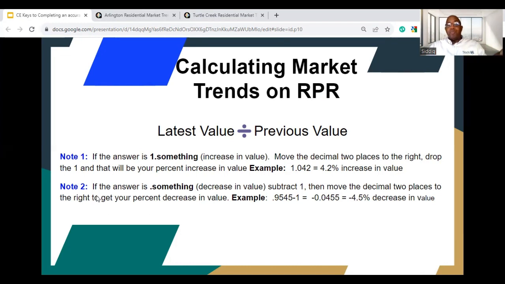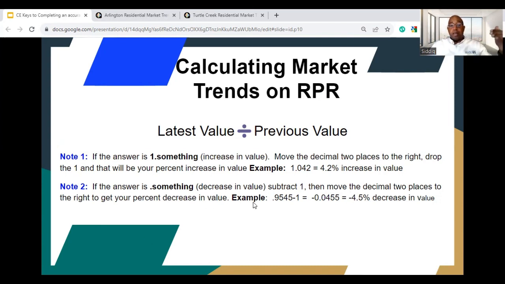Now note two, if you put those numbers in the calculator and the answer is point something, that means over that time period there has been a decrease in value in that particular neighborhood. In that case, take that number, subtract 1, then move the decimal 2 places to the right to get your percent decrease in value.